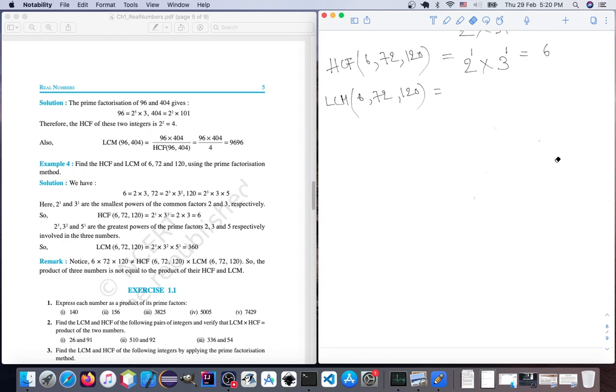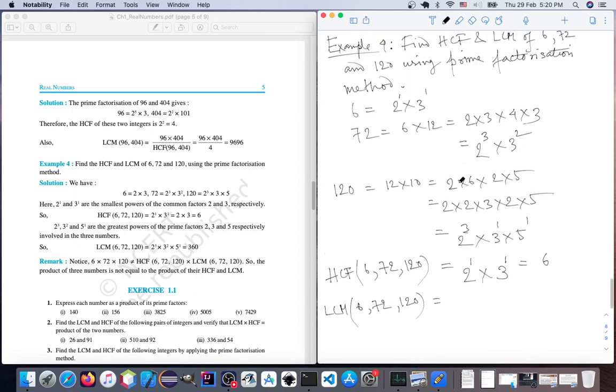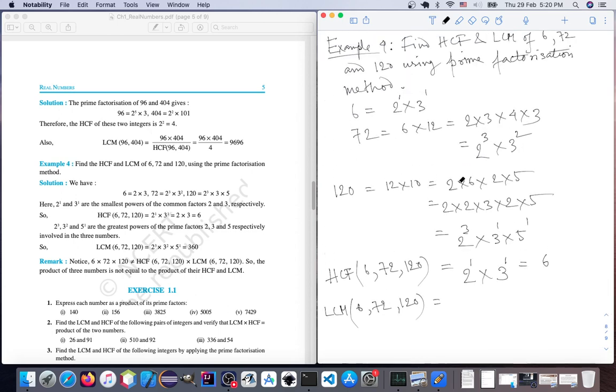For LCM, what do we do? We write all the prime factors that are occurring in the prime factorization of the three given numbers. So what are they? From 6 we are getting 2 and 3. For 72, 2 and 3. So definitely 2 into 3, and for 120 we have 5. So 5. Now what about the powers?